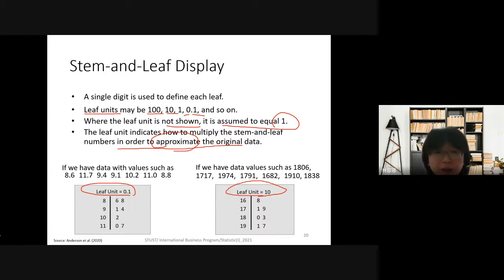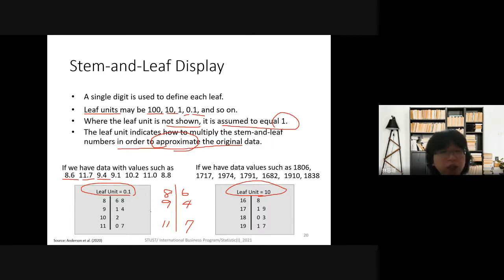For example, if the leaf unit is 0.1, 8.6 is written as stem 8, leaf 6. The second is 11.7, so I write 11, 7. Then 9.4, I write 9, 4. Then 9.1, it's 9.